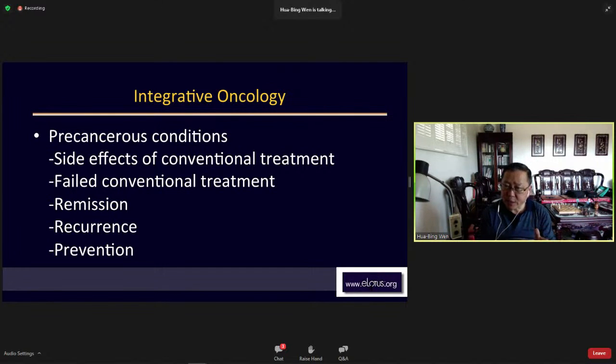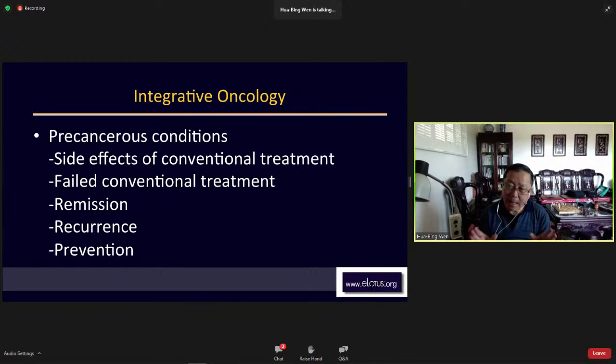In remission, conventional medicine is just the checkup: every 3 months the first year, every 6 months the second year, annually after the third year. But from the TCM perspective, even in remission, the pattern may not have changed much. For example, what causes cancer in the first place from the TCM perspective?